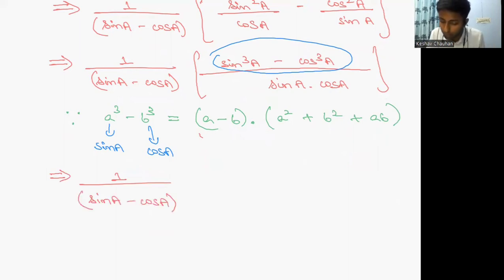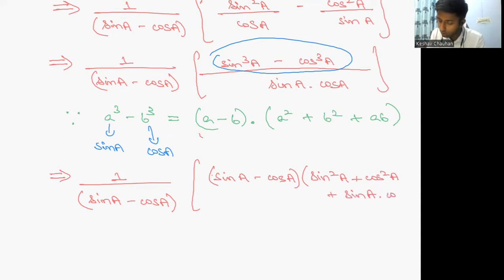And the bracket will become sin A minus cos A into sin square A plus cos square A plus sin A into cos A, and the denominator will be as it is, sin A into cos A.